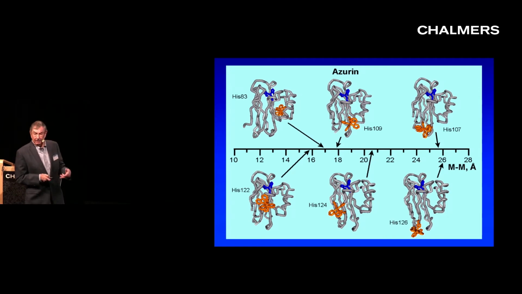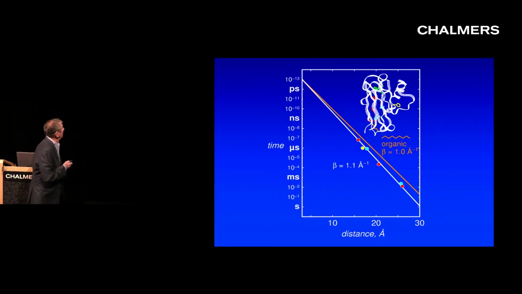Then we went through a series of flash quench experiments through temperature space and free energy space to find the activationless point. We checked it in some single crystals at low temperature. We did literally hundreds of experiments and ended up with a tunneling timetable, which I show here.